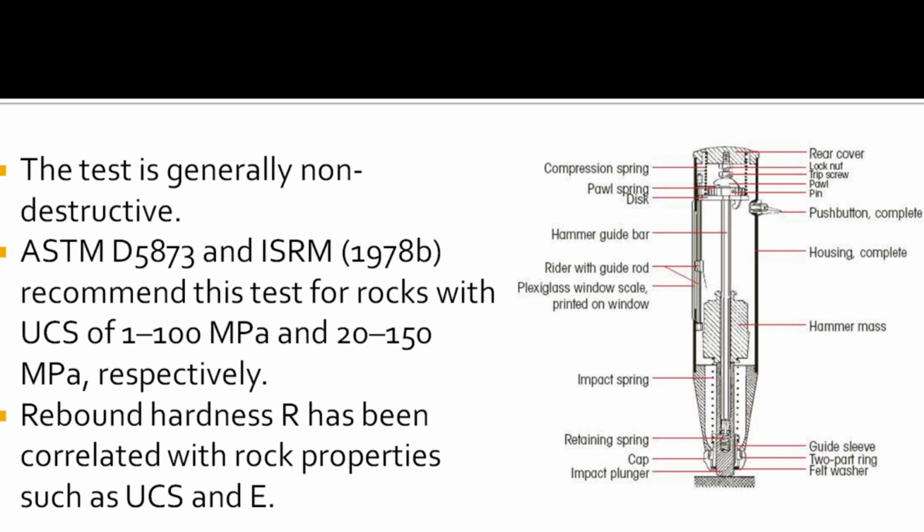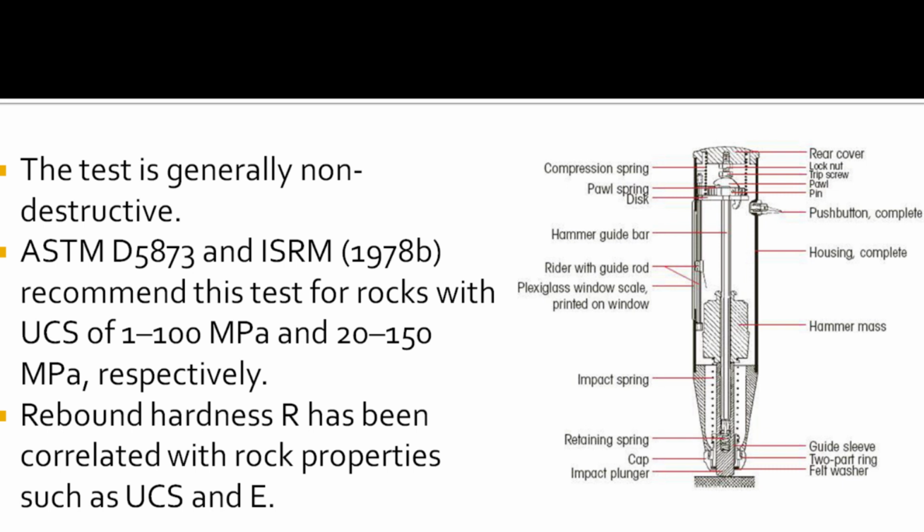So, if a rock material has a strength less than 20 MPa, then it won't be valid if we follow the ISRM code. However, ASTM allows us to conduct rebound tests on rock material having a strength ranging between 1 megapascal and 100 megapascal.